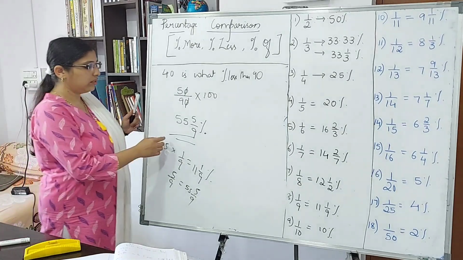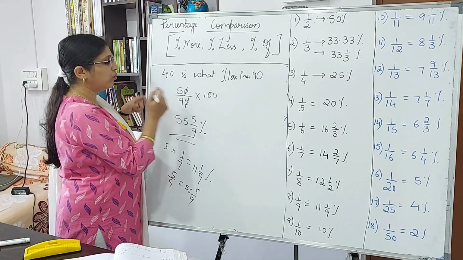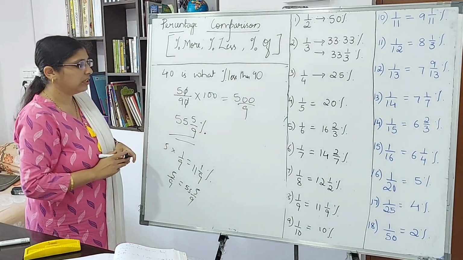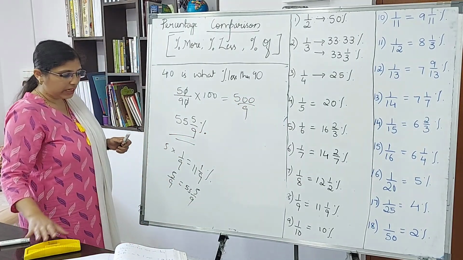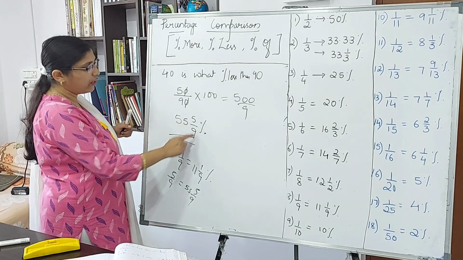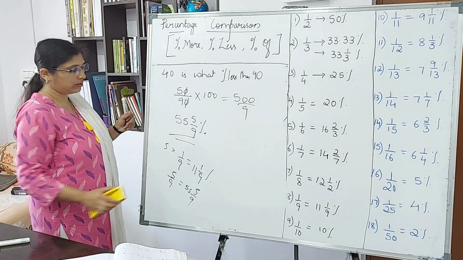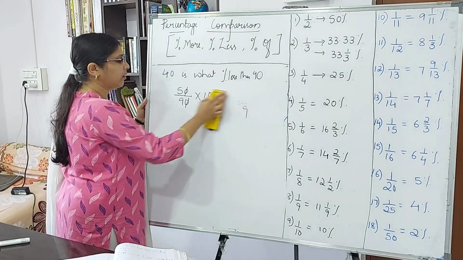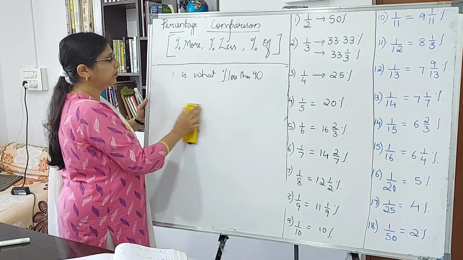Okay. No need of dividing. If you do it traditionally, it would have been 500 by 9, isn't it? So instead of doing that, you could have directly written 55 5 by 9%. Okay.